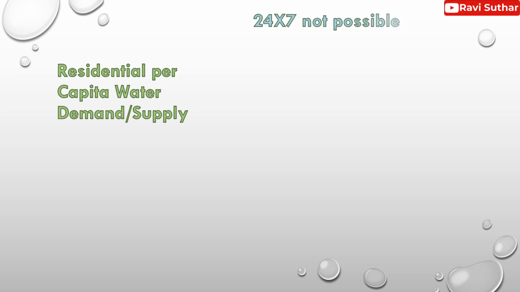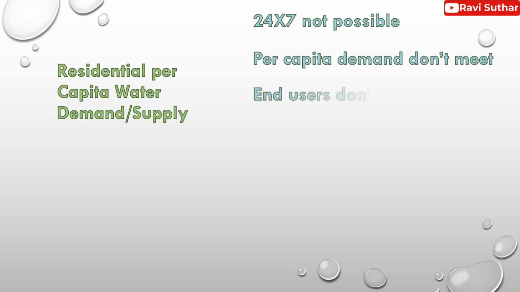So if we design the system based on residential per capita, then 24 by 7 supply is not possible, because the water available in the system will be very little compared to the total requirement or demand generated by the city or town. And per capita demand cannot be met, because most of the water will be taken by other non-domestic users.